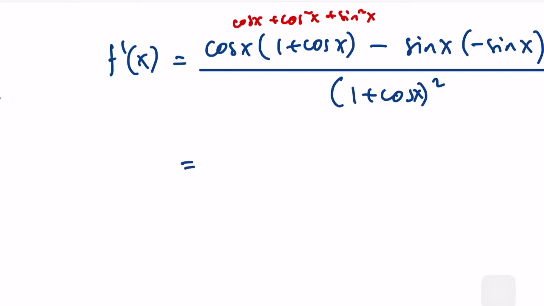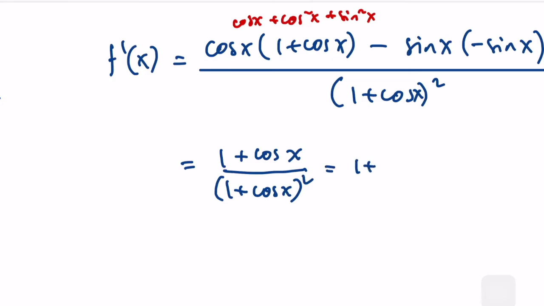Now the top one will be 1 plus cosine x, and the bottom one will be 1 plus cos x squared.